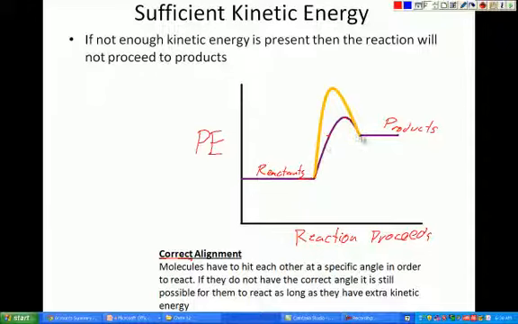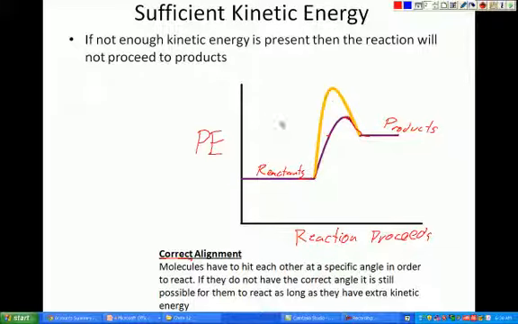If two molecules hit each other with the perfect geometry, the correct alignment, and enough kinetic energy, then the reactants will hit each other, come up, and turn into products. If they do not have the correct geometry, it is still possible for a reaction to happen.